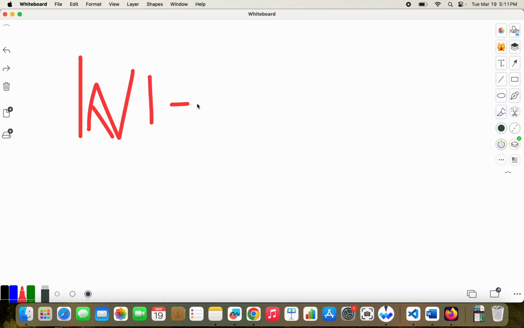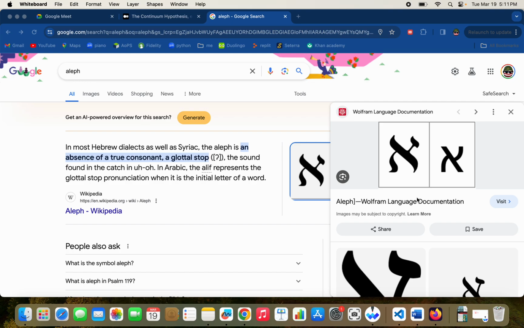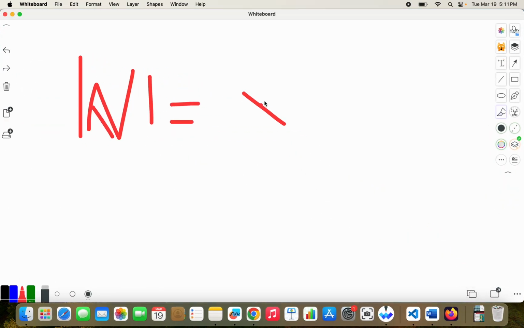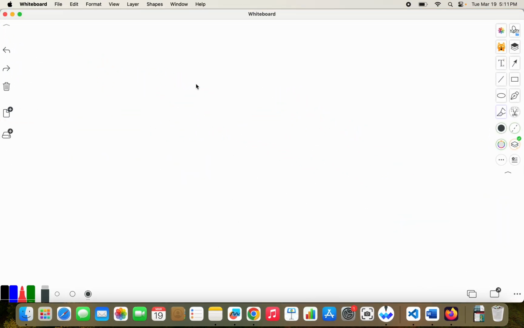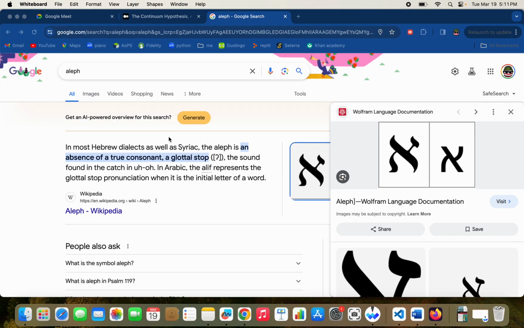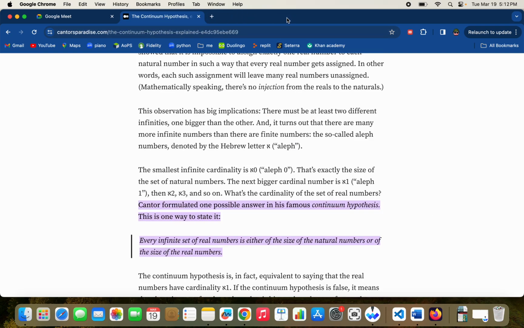So the cardinality of the natural numbers is equal to... However we draw Aleph null, that's exactly the size of the set of the natural numbers. Aleph 1, Aleph 2, Aleph 3, Aleph 4.